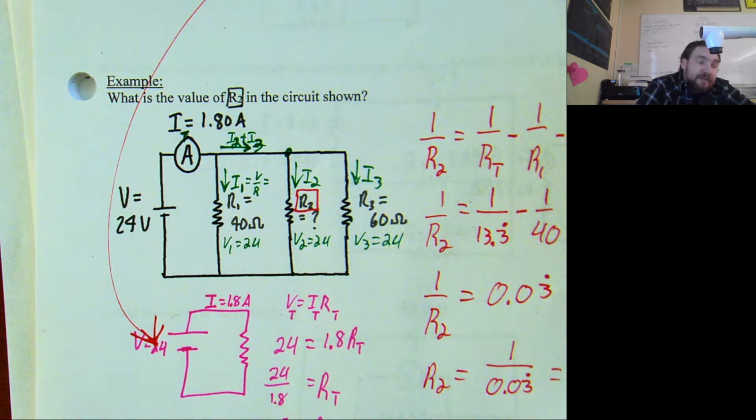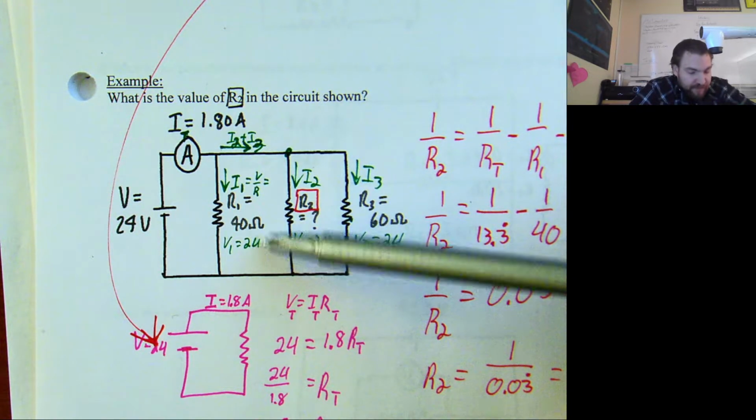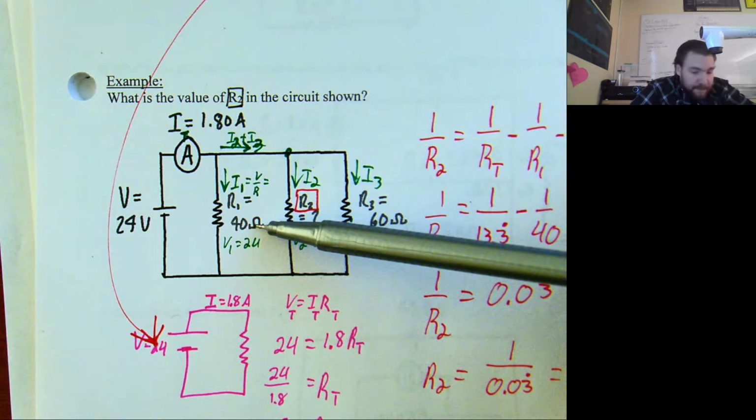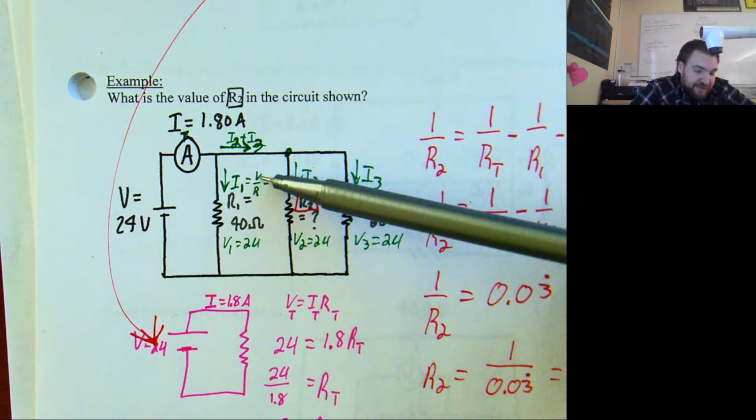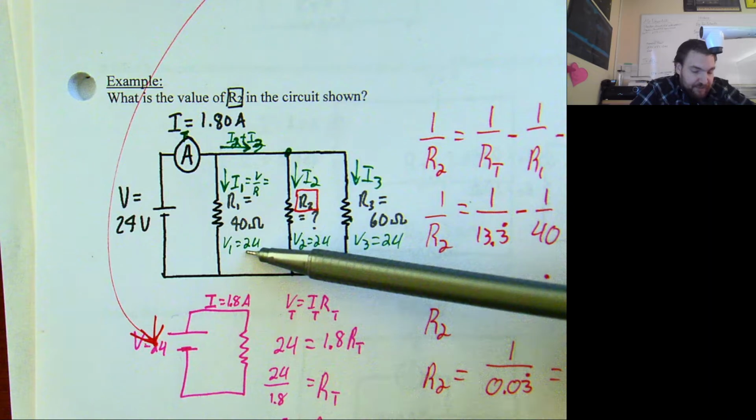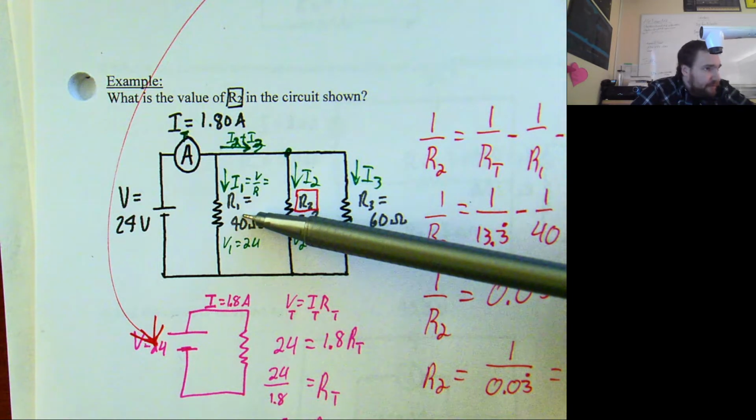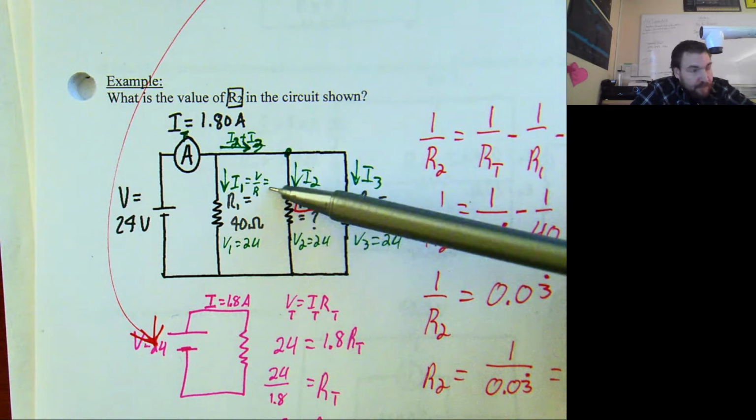Is it 1.8? I don't know. What's 24 divided by 40? You told me, Jasmine, that it was the voltage divided by the resistance. The voltage is 24, the resistance is 40. Sorry, 0.6?